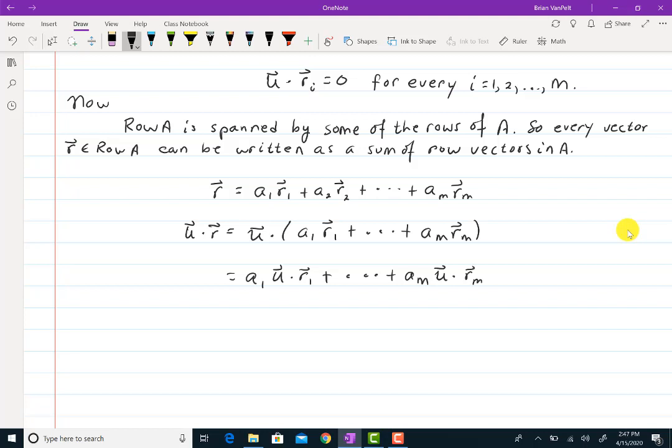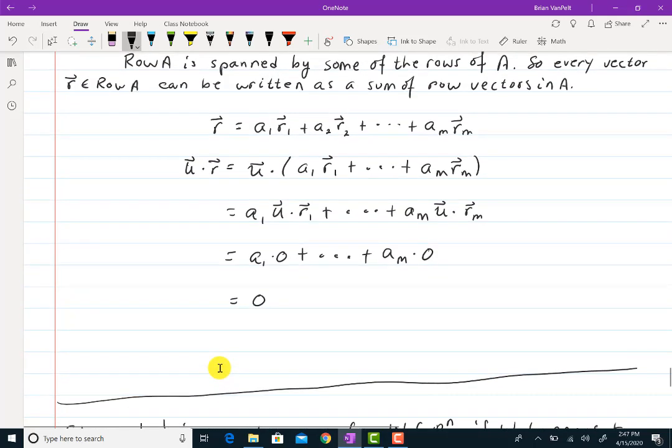But I just went and showed this right here, we know to be true. So this will be A1 times 0 plus, and this will go on, plus AM times 0, which is equal to 0. It's equal to the 0 number, I suppose you would say.